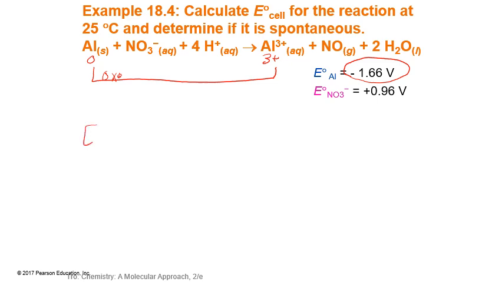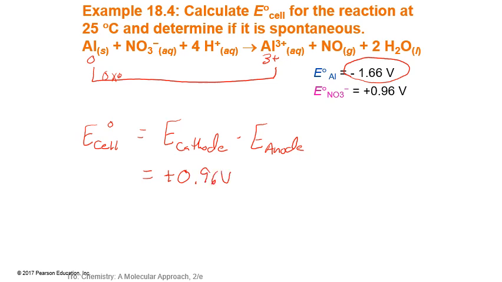If we calculate our Ecell, it is the cathode minus the anode. In this case, it is a positive 0.96 volts minus a negative 1.66 volts.